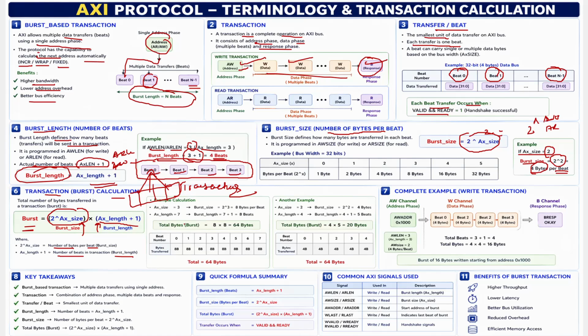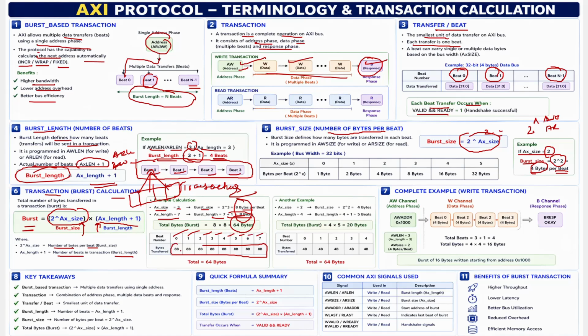See the example. AX size is 3 and AX length is 7. Then 2 power 3 is 8 bytes per beat, and AX length is 7, so burst length is 7 plus 1, which is 8. So 8 times 8 is 64 bytes of data we need to transfer, which means 8 beats. Beat 0, beat 1, beat 2, beat 3, beat 4, beat 5, beat 6, beat 7.